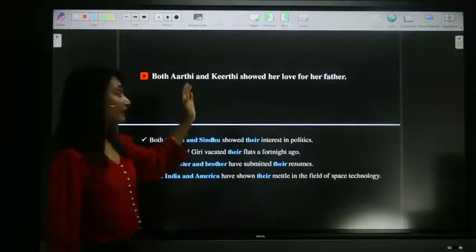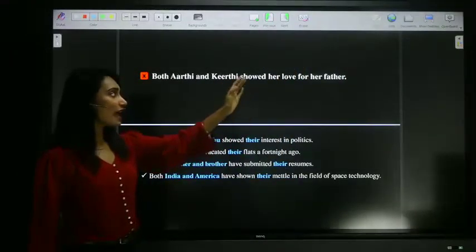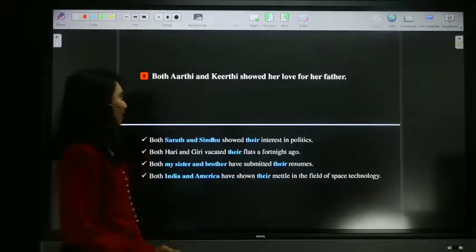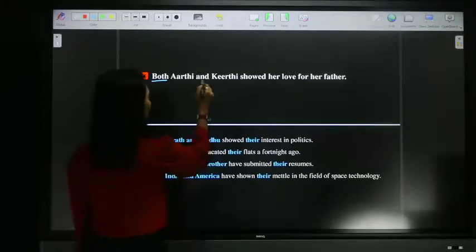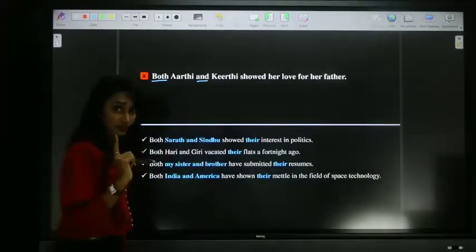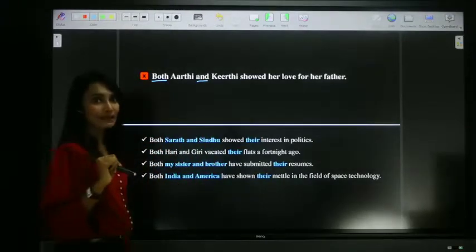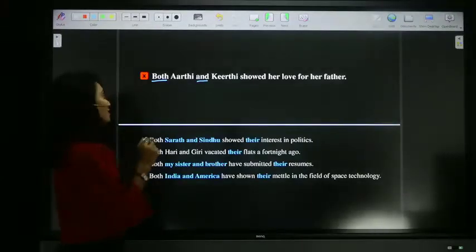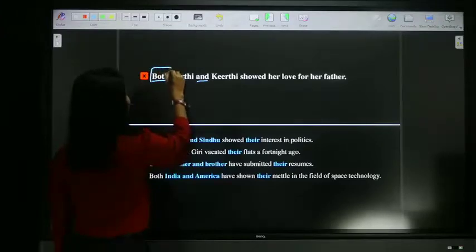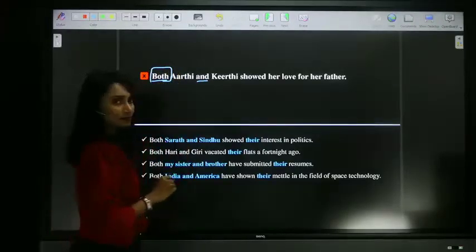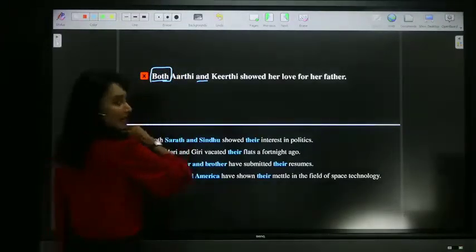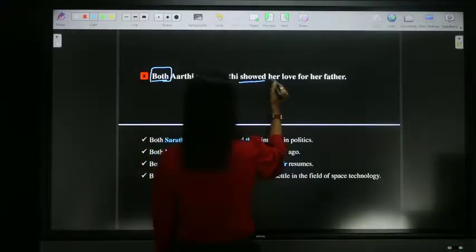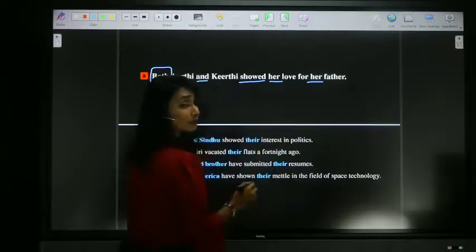Both Aarti and Kirti showed her love for her father. Generally, we know both and is a correlative conjunction pair, right? But there is an exception with that. Here is the exception. If a sentence starts with both, remember the verb and the pronoun must always be plural.